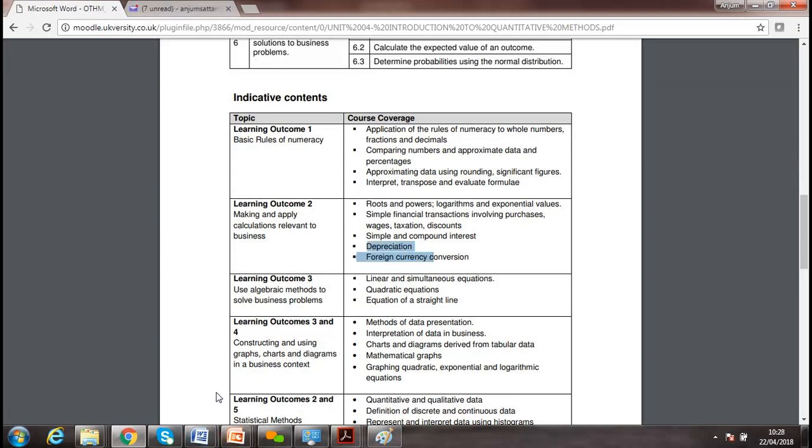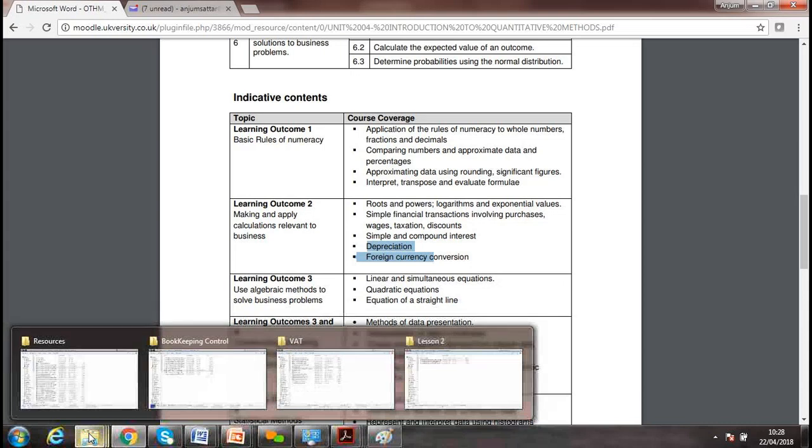depreciation. What is meant by depreciation? It's the wearing down of assets and their value, calculated after certain factors, for example the wearing down or the decrease in value due to certain reasons.